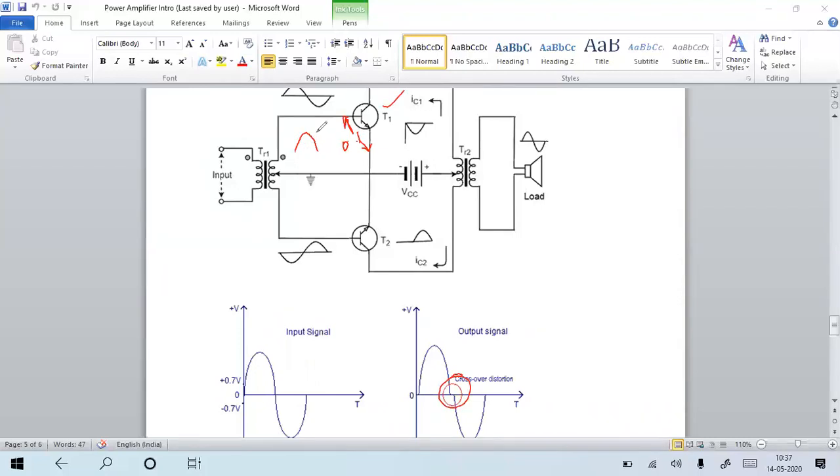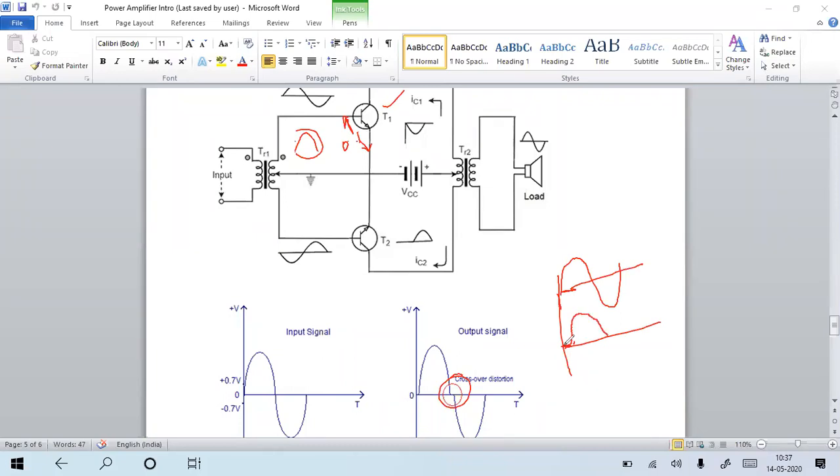Until the input signal reaches 0.7 volts, your device will be in the off state. So what will happen? Even though the positive cycle has begun, the output is not turned on immediately. It will take some time, because it is required to maintain 0.7 volts at base to emitter. So some of the voltage is clipped off. After that, it goes on.